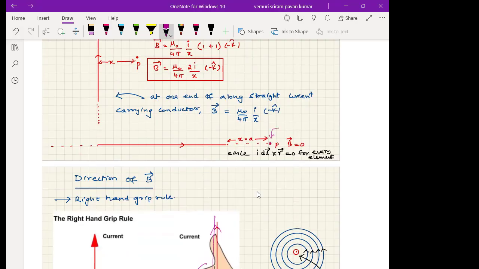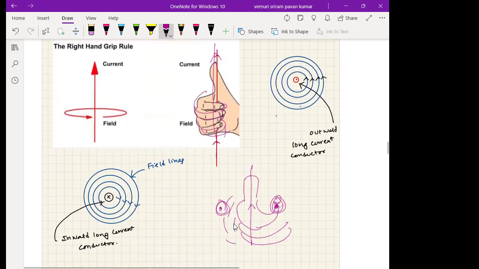Why? Because for this point, at every instant, I dl bar cross r bar is 0. So if we select a point on the conductor, it is 0. Any doubts?